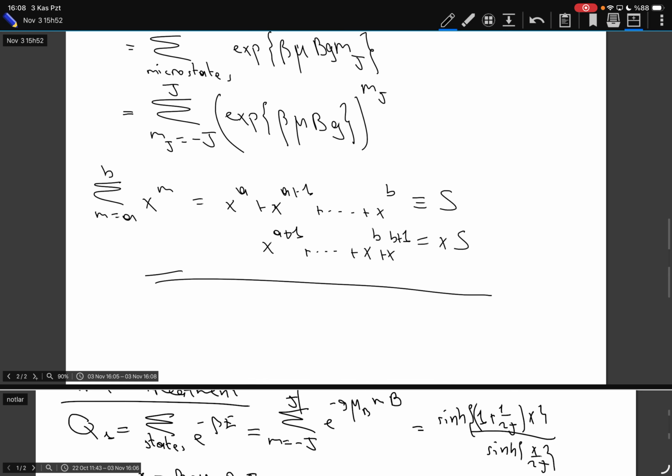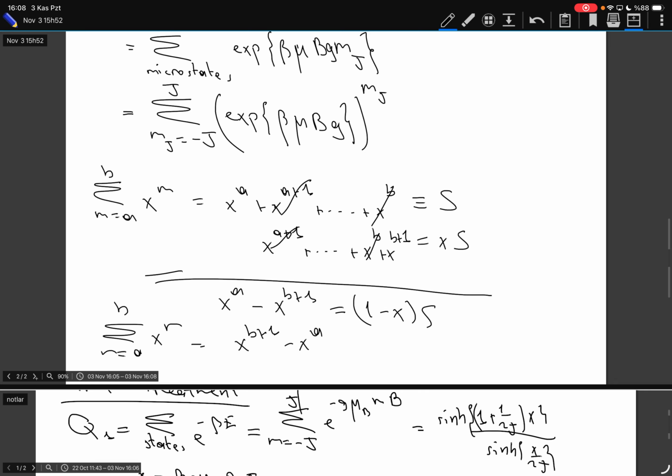Now subtract: these terms will cancel, and I will be left with x to the a and x to the b plus 1. This is 1 minus x times S. So the sum from a to b of x to the m is x to the b plus 1 minus x to the a, divided by x minus 1.